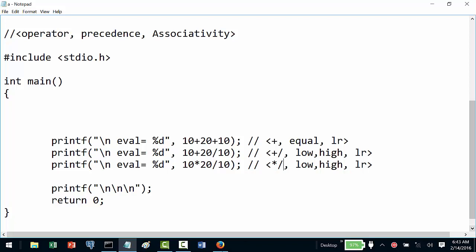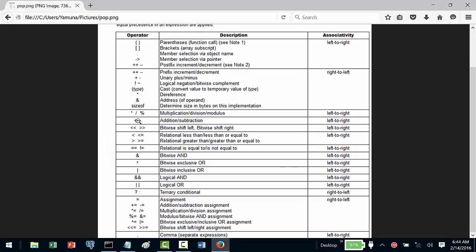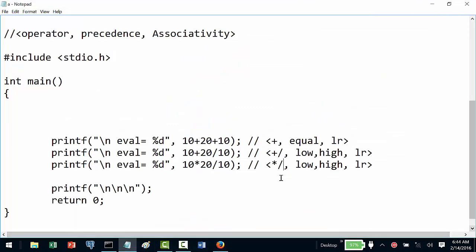If you go to my precedence table, my star, division and modulus operators have equal priority, but they are evaluated from left to right. So in this case, both have equal priority. The evaluation is left to right. So how does that happen? First it will do 10 into 20, which is 200, and then it divides by 10, and the resulting answer will be 20.